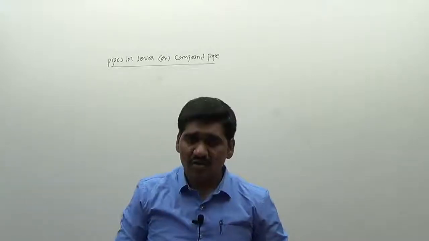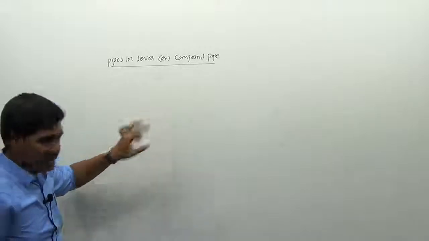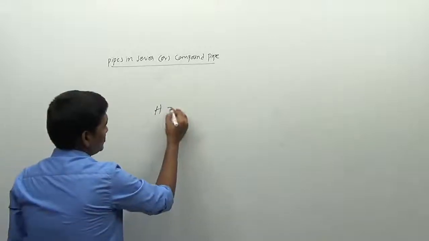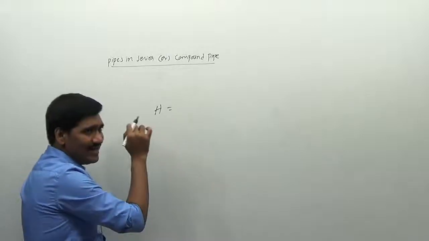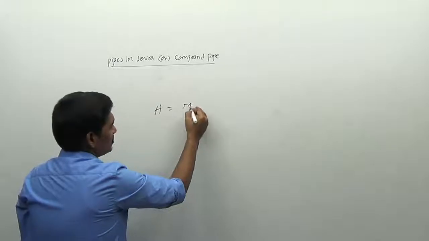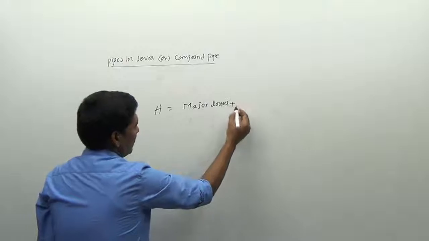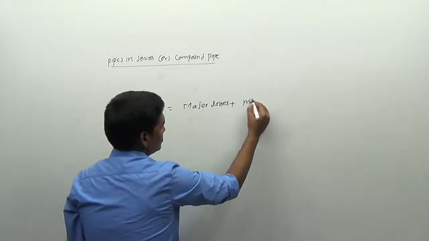Okay. So one more thing: this is the value of H, which is nothing but the difference between the levels of the reservoirs, which is equal to the major losses plus the minor losses.